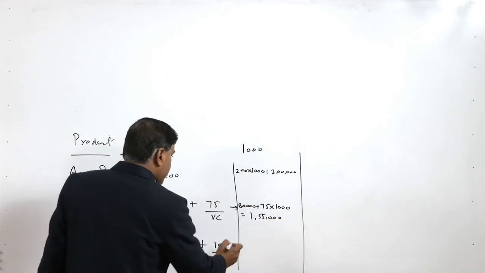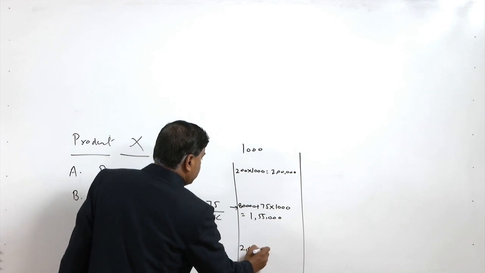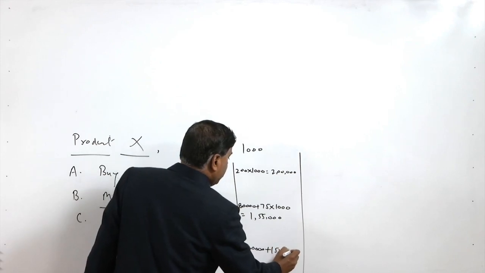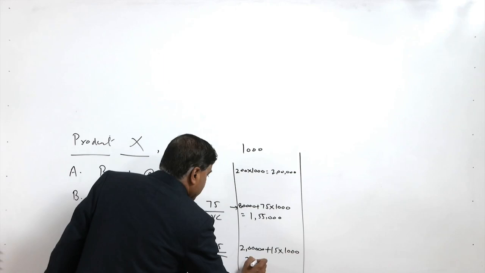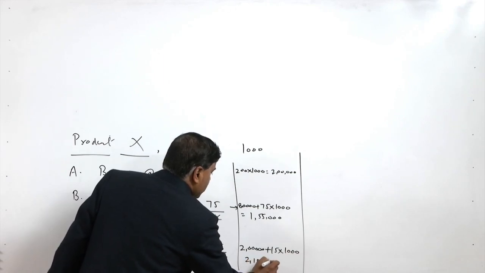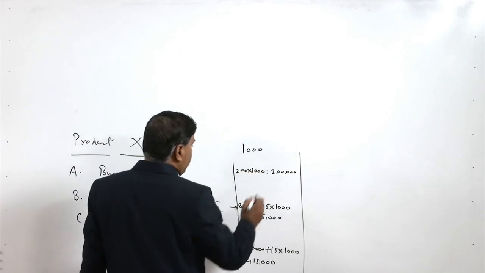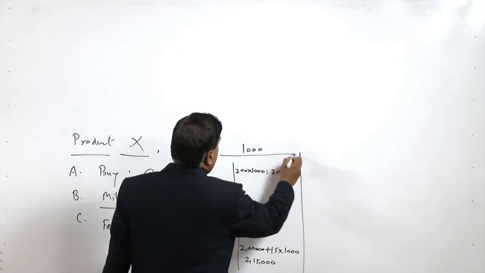And if the third option is used, then 2 lakhs plus 15 multiplied by 1000, so our total cost is 2,15,000.